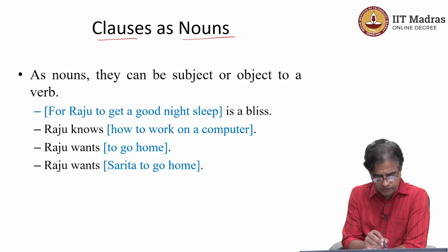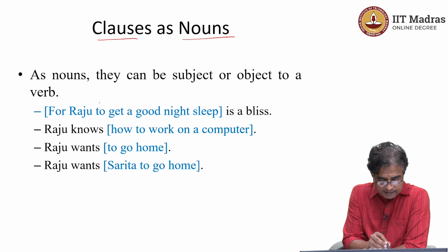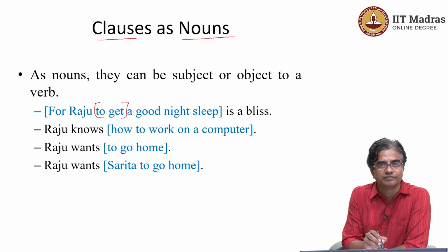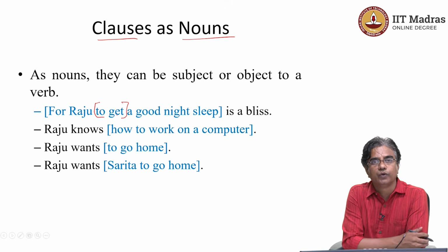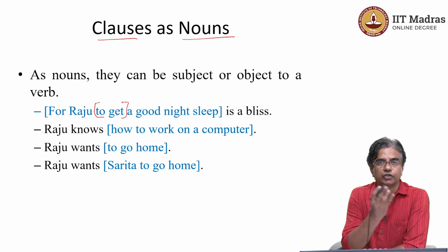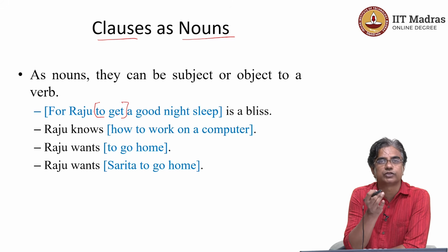So this is a clause, this is a sentence, but it's a non-finite clause. Look at the verb here. The verb does not have any tense on it, rather it is in its infinitive form, to get. As you know, all infinitives have the structure of to go, to come, to get, to eat.